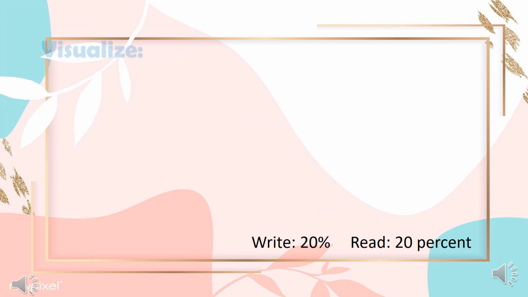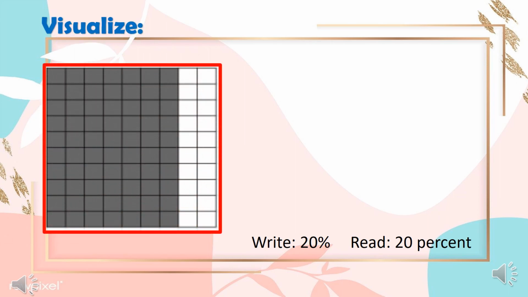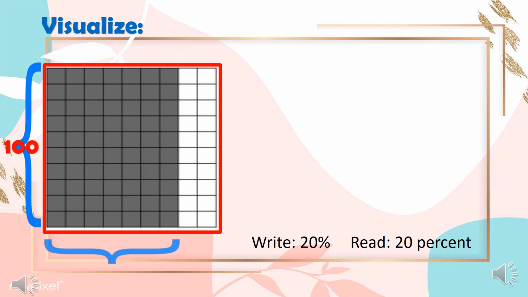Okay, so let us visualize the problem. So we have this illustration. This part is the total earnings of Veronica and Ron, which is 100. And we have the 80 as the money given to their mother.